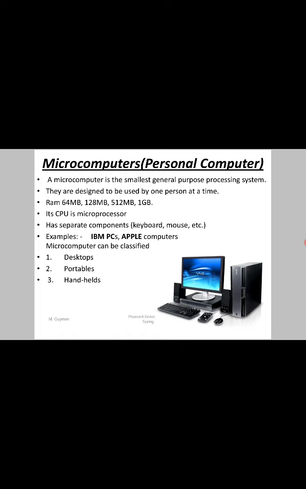They are designed to be used by one person at a time generally, and they have some RAM, like 64 GB, 128 GB, like that. In microcomputers generally we use only one CPU or one processor.